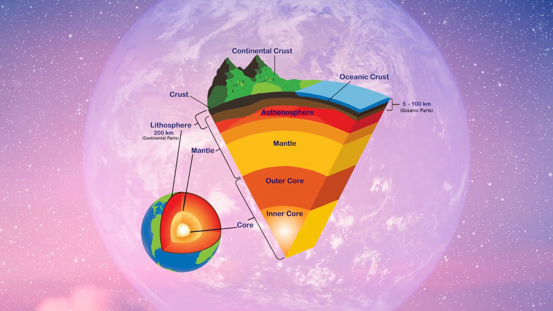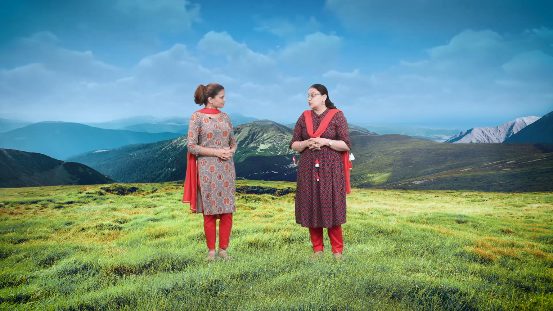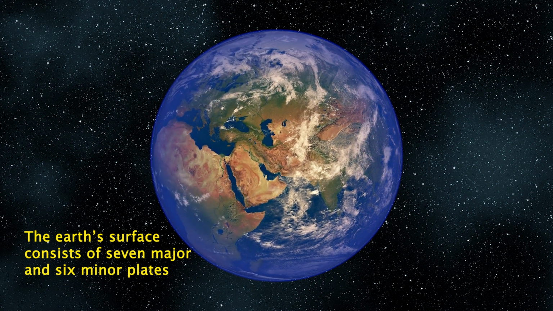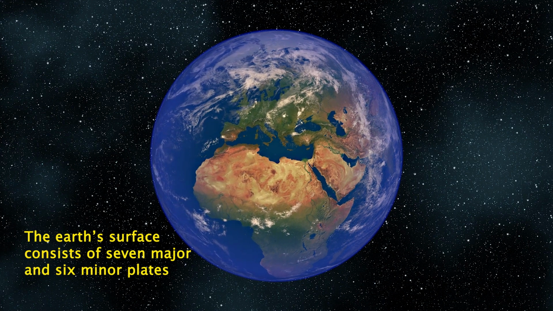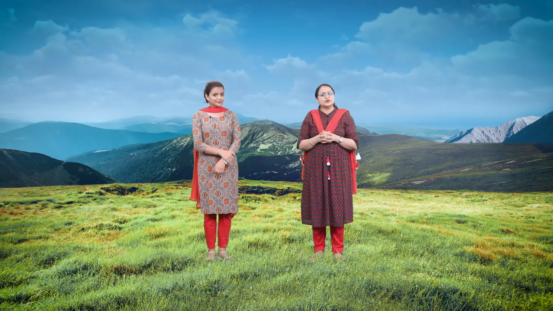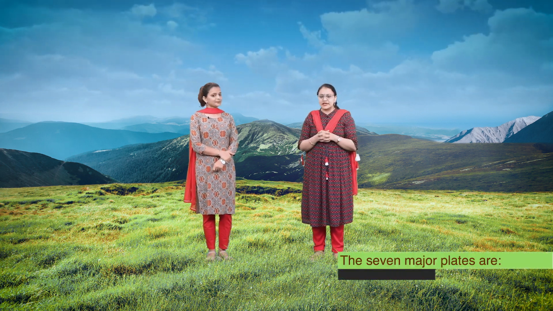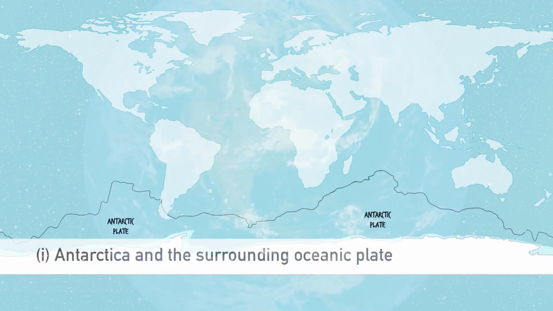Okay. So, is the whole Earth's surface made up of this huge tectonic plate? No. The Earth's surface consists of 7 major and 6 minor plates depending on their size. Let me tell you the names of these plates. The 7 major plates are: first, Antarctica and the surrounding oceanic plate.